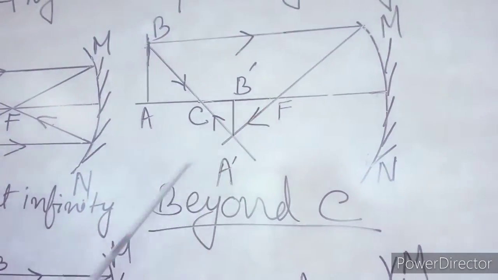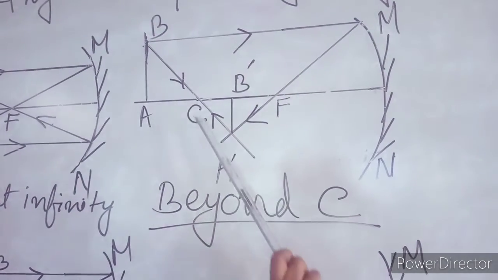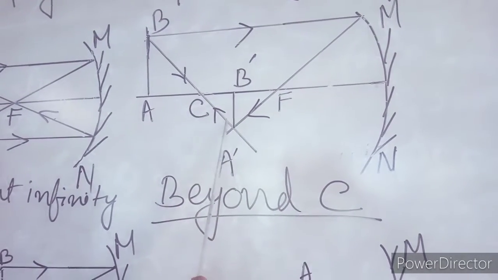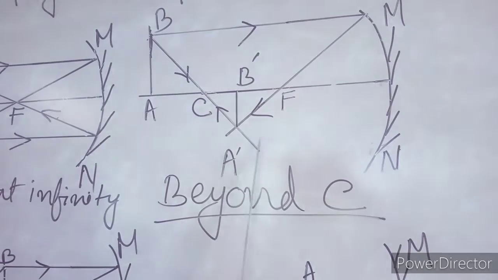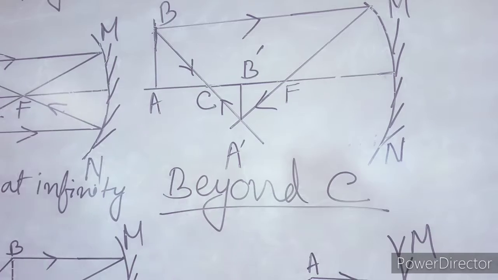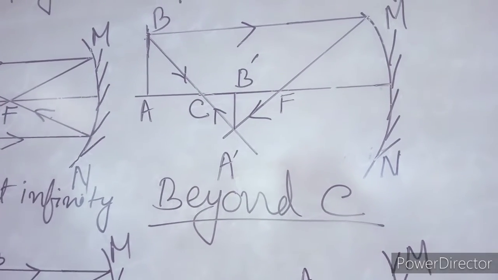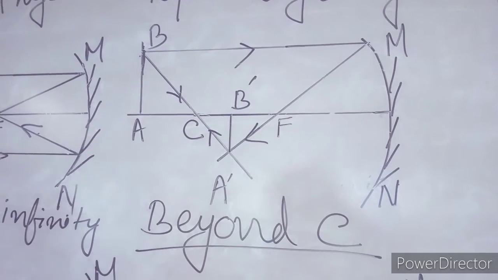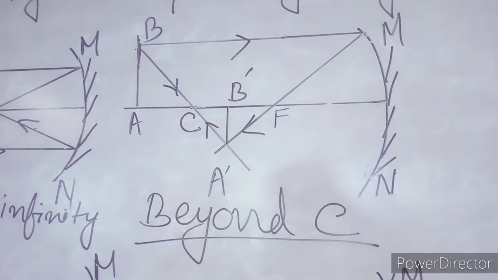Now this reflected ray and this reflected ray are meeting at a point, and my image is formed here. So my image is A dash B dash, formed here. What is the position of the image from the figure?